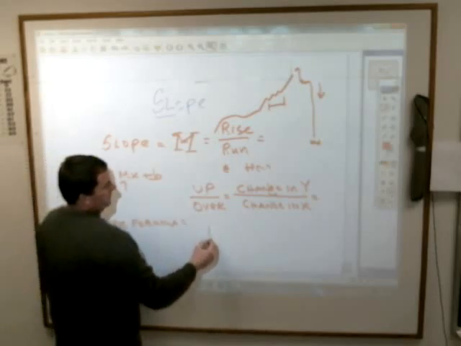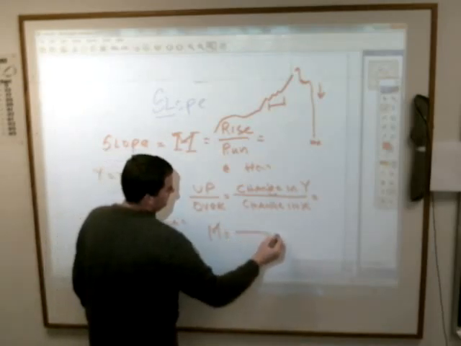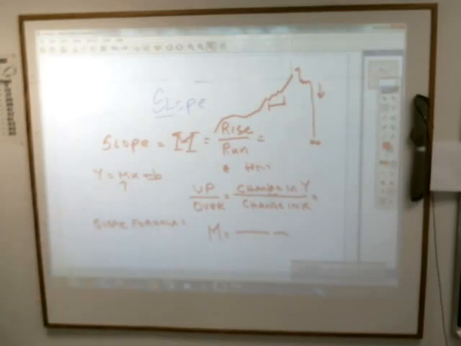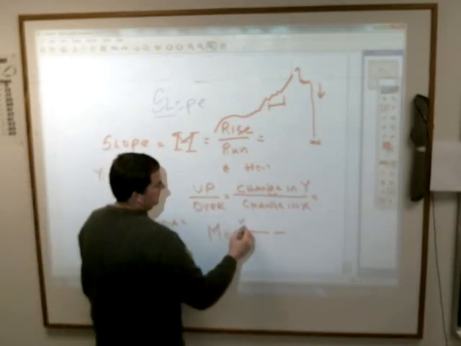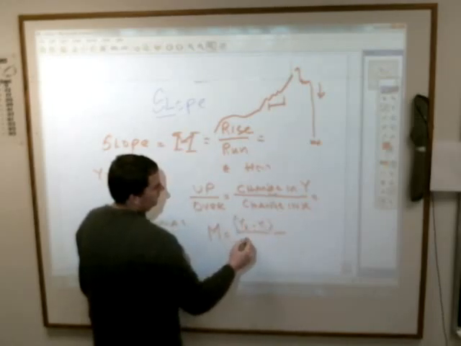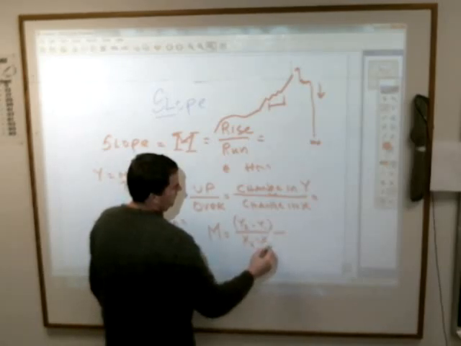Slope formula looks like this. Here's my letter M. M equals, in math, how do you show change in something? Change is a subtraction problem. So it looks like this: y2 minus y1 over x sub 2 minus x sub 1.